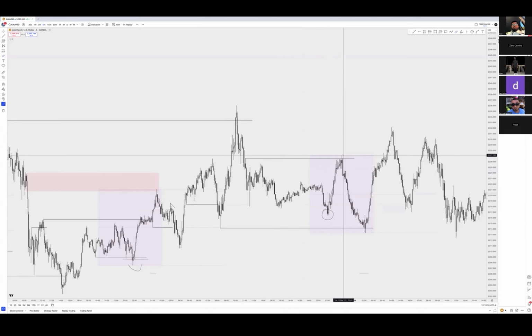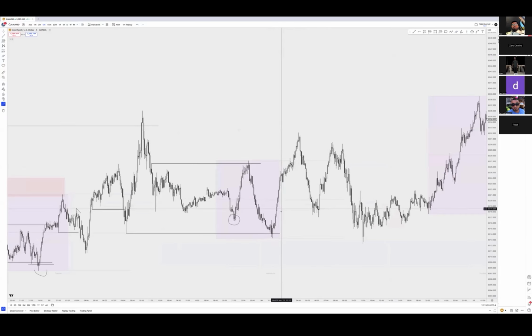And we need to see buyers get trapped before we can look for any sort of longs. So there you go. Market comes, takes out the high, inducing buyers, and then finally comes and traps the buyers. As you can see, buyers got trapped right there.